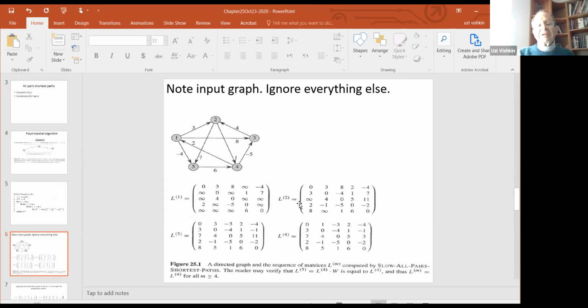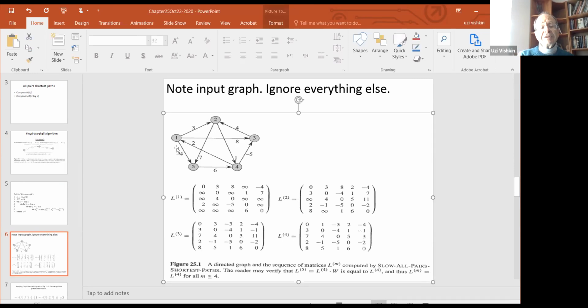In this slide, what I ask you to do is just ignore this part because it appeared in the textbook as one paper. Just look at this figure right here. So this is my graph. You have here vertices 1, 2, 3, 4, 5.